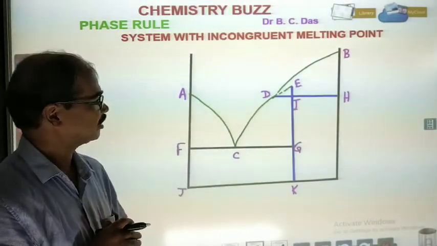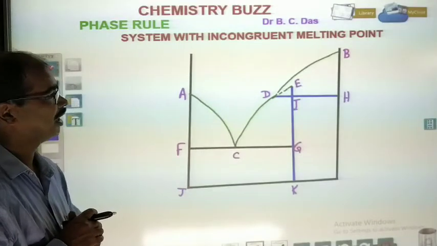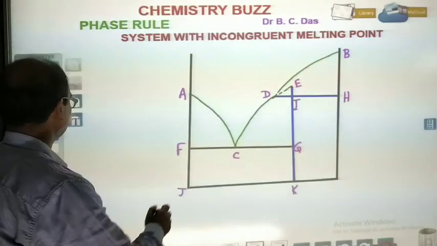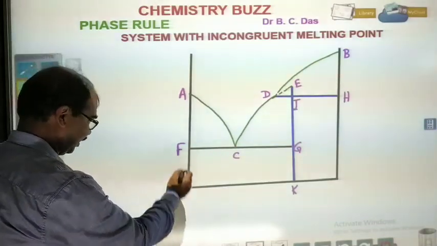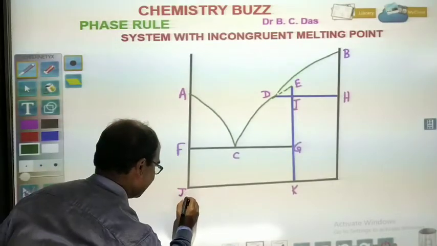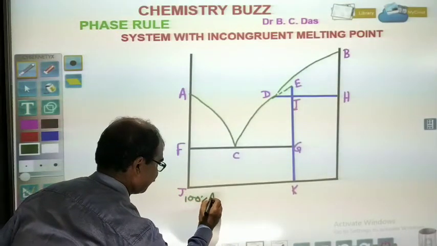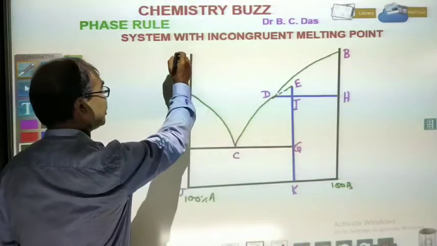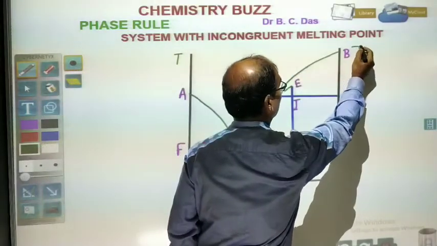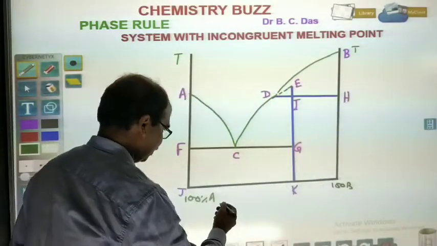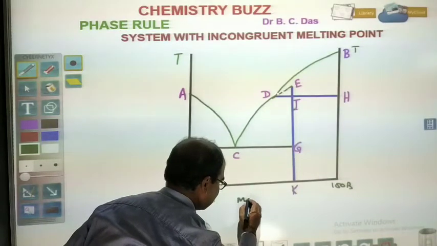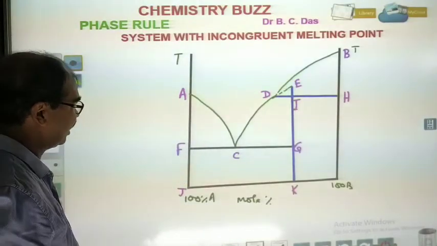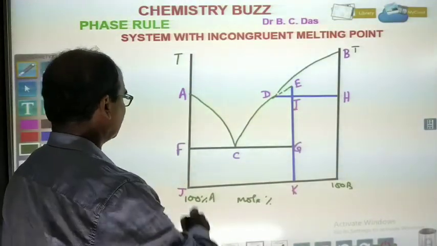So, let us start with how the incongruent melting point is exhibited by this compound. Here we have 100% A and 100% B. The temperature is taken along the y-axis, and on the x-axis we have taken the mole percent composition.